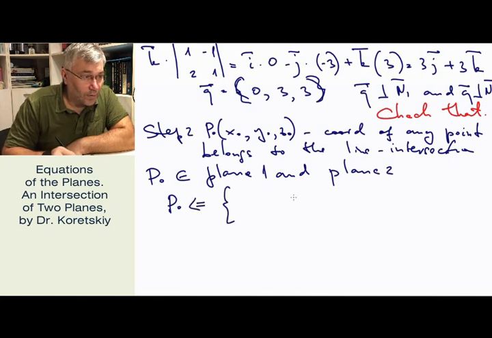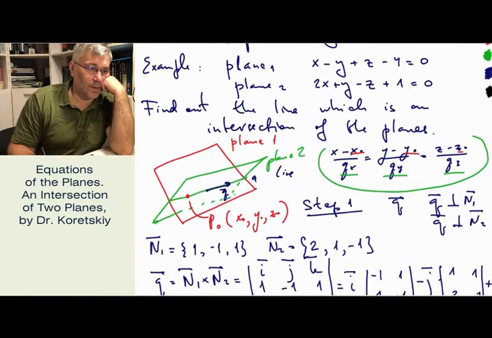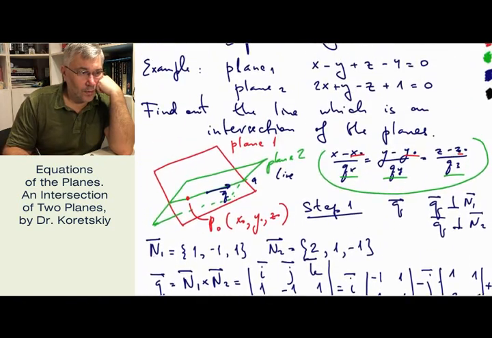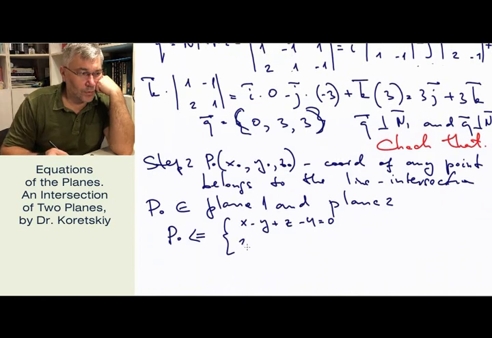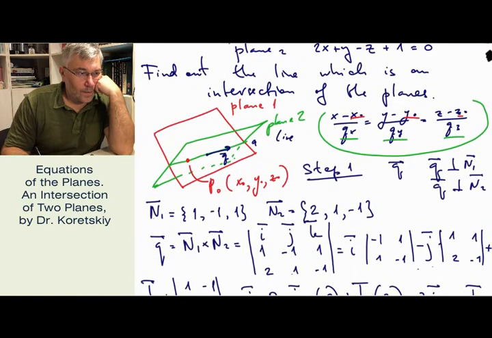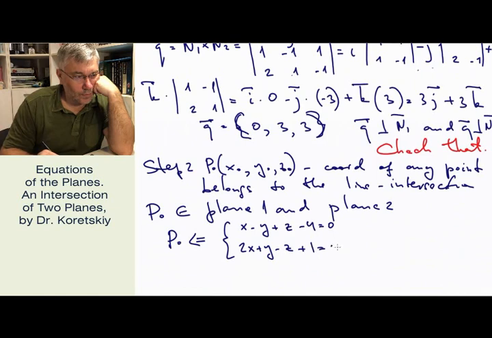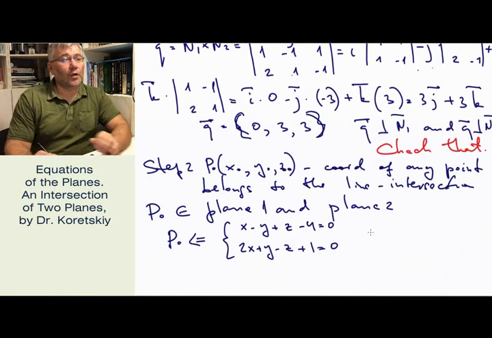They follow from the roots of the system of equations x minus y plus z minus 4 equals 0, and 2x plus y minus z plus 1 equals 0. But here we have 3 unknown variables and 2 equations.